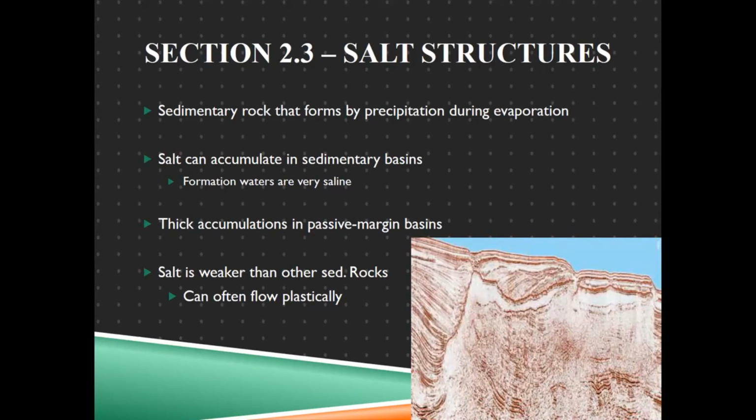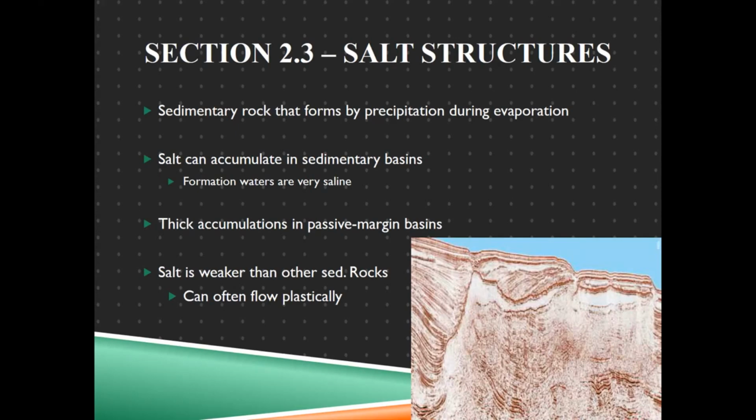The salt precipitates out and leaves a white coating on the bottom of your pan. That's a salt deposit. That can happen naturally in a basin when you have water flow into the basin and then the water is evaporating and more water flows in and evaporates, and over time the salt can build up.